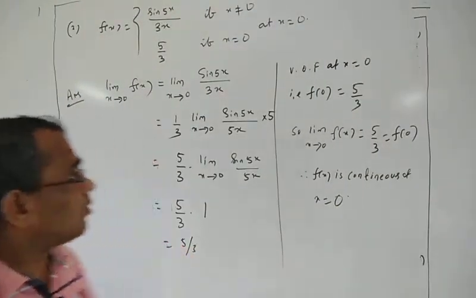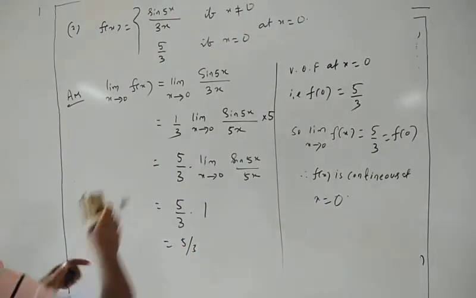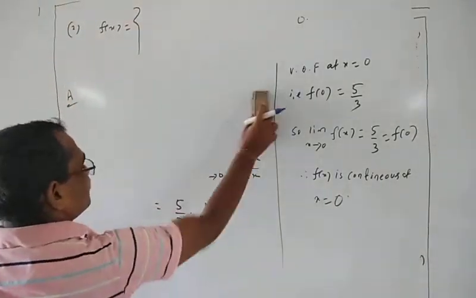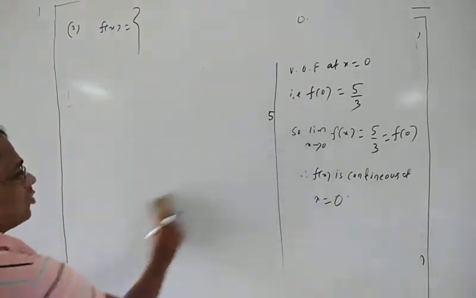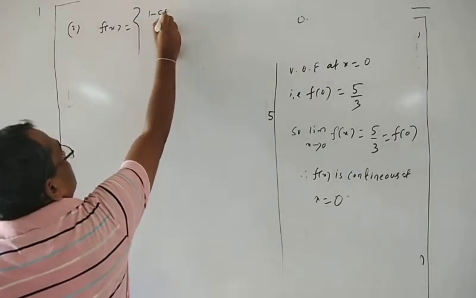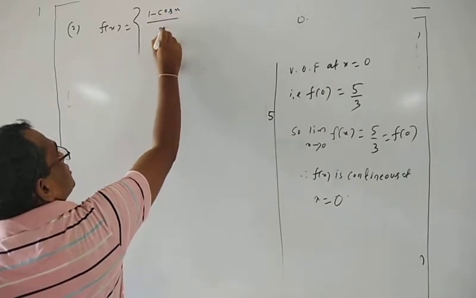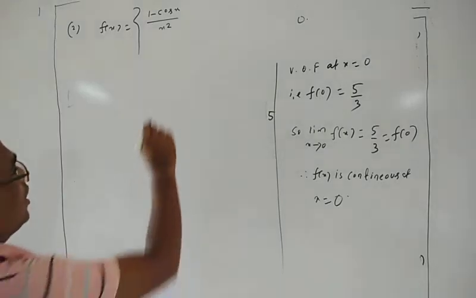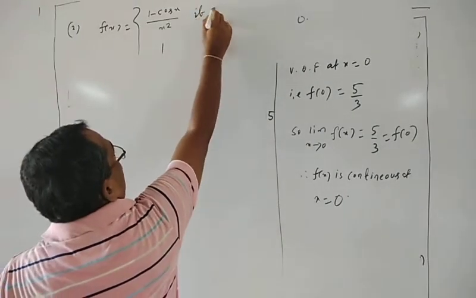Next, another example, number 3. f of x is equal to 1 minus cos x by x square, and this is 1 if x is not equal to 0.